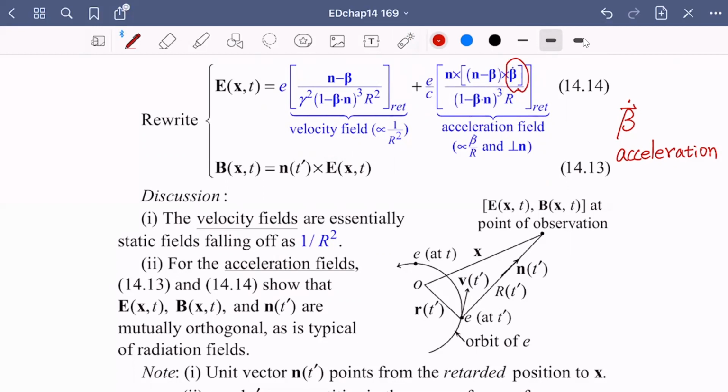Because it depends on 1/r. Therefore, at far field, this one will become very large, much larger than this one. The acceleration field is more important than the velocity field.